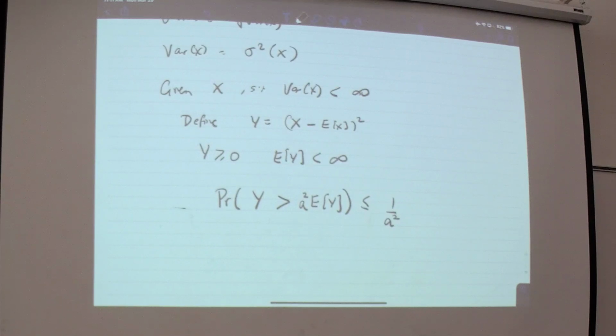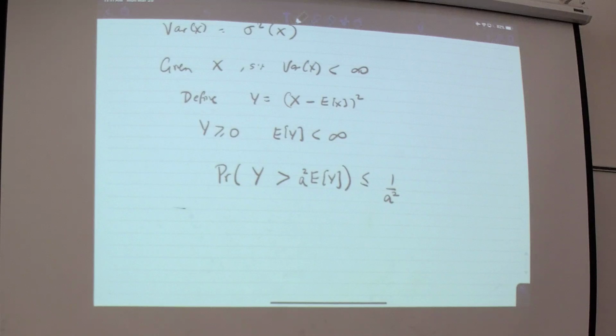It's the same thing, I just chose a different parameter relation. But now let's actually substitute our things back in. So what we're saying is that the probability that (x minus the expected value of x) whole squared is greater than a squared times the variance of x is less than or equal to 1 over a squared.